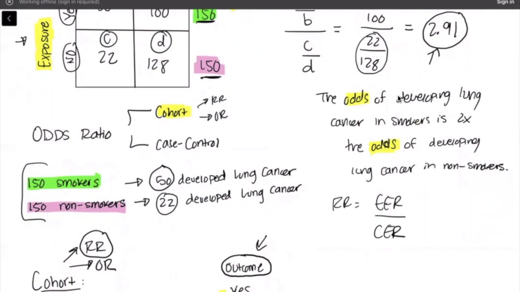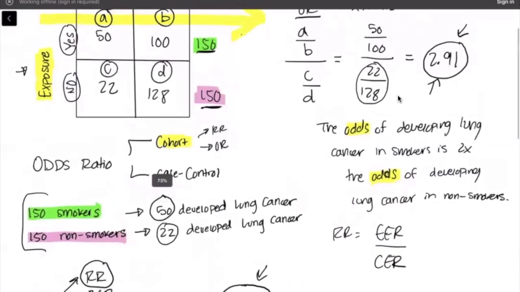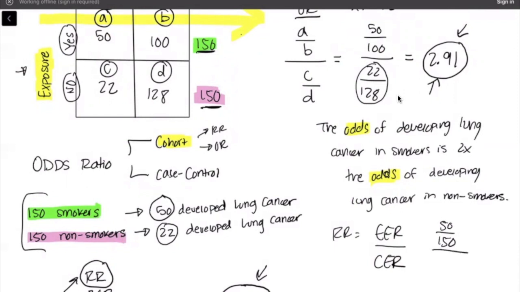So your experimental in this case would be your patients that were exposed to smoking. So that would be the 50 divided by 150. So out of 150 patients, 50 develop lung cancer, divided by 22 over 150. And so that way you would go ahead and calculate your risk ratio.